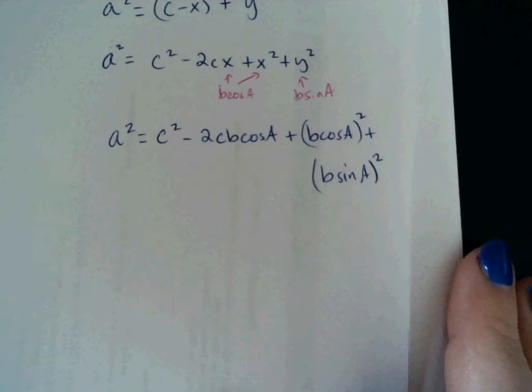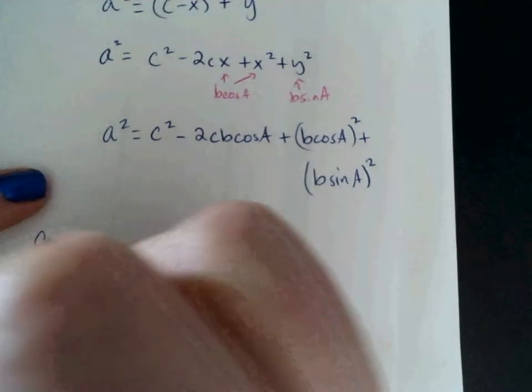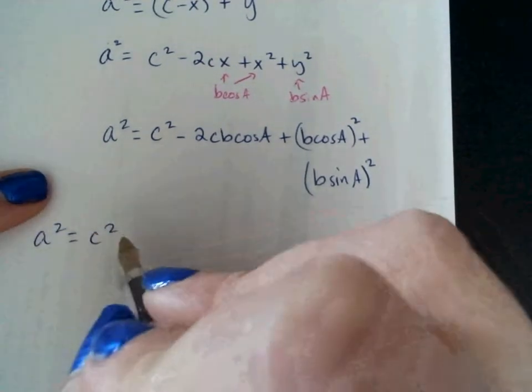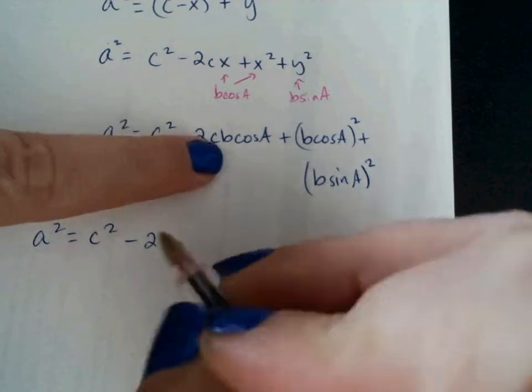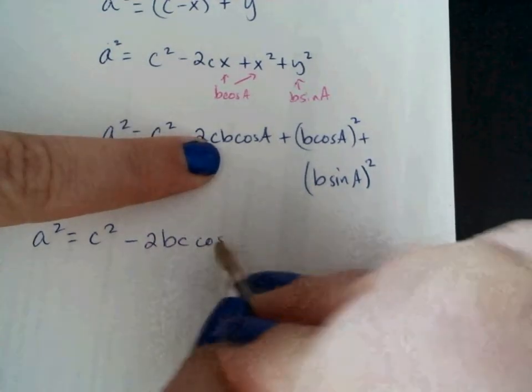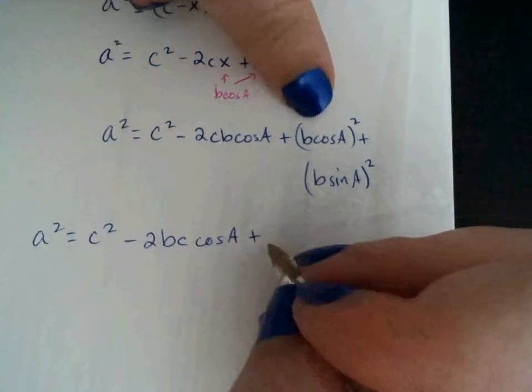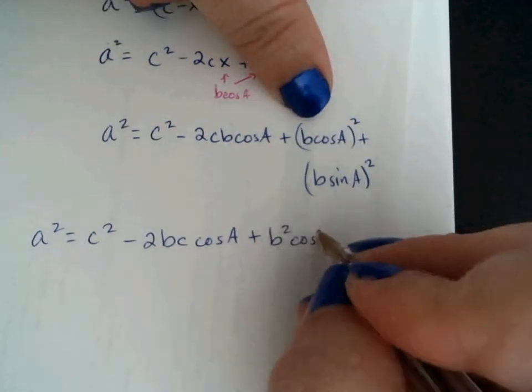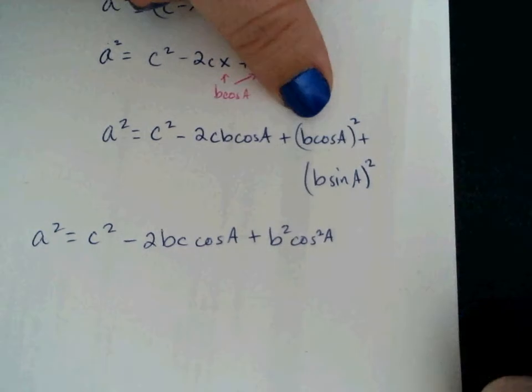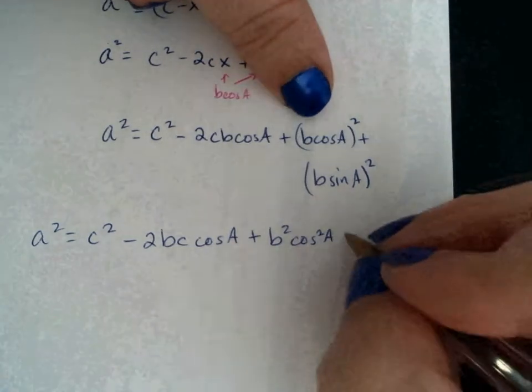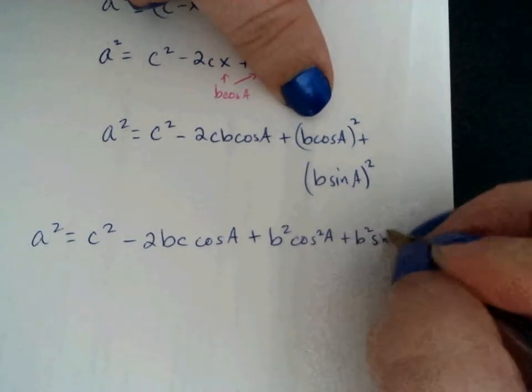Okay, so I'm going to move that out a little bit. a squared equals c squared minus 2bc cosine of angle A, I'm going to put those in order, plus b squared cosine squared, because that's just squaring both of them, and then plus b squared sine squared.